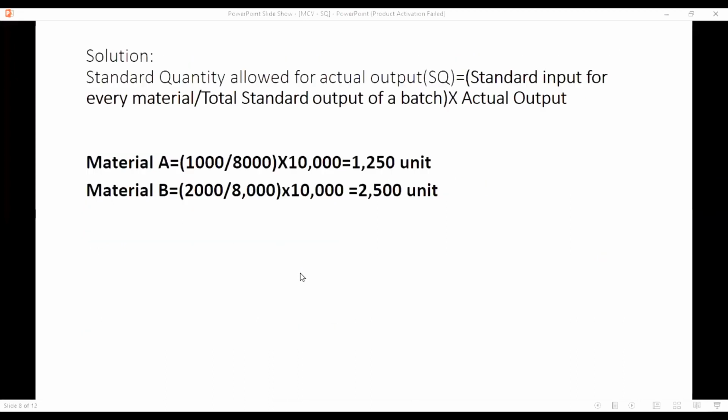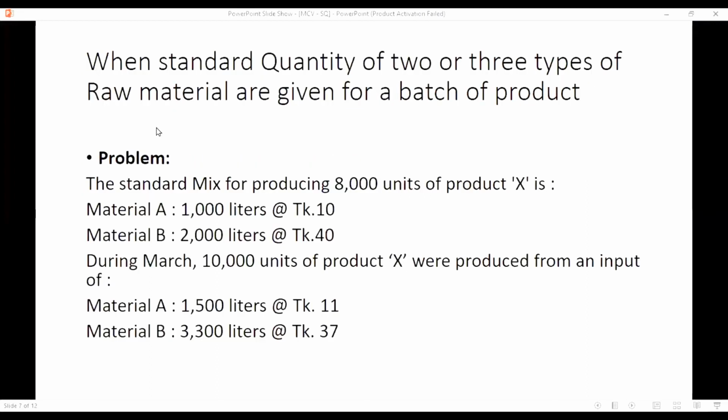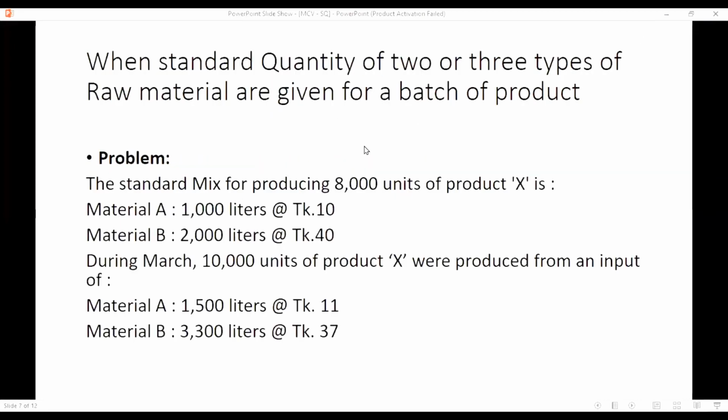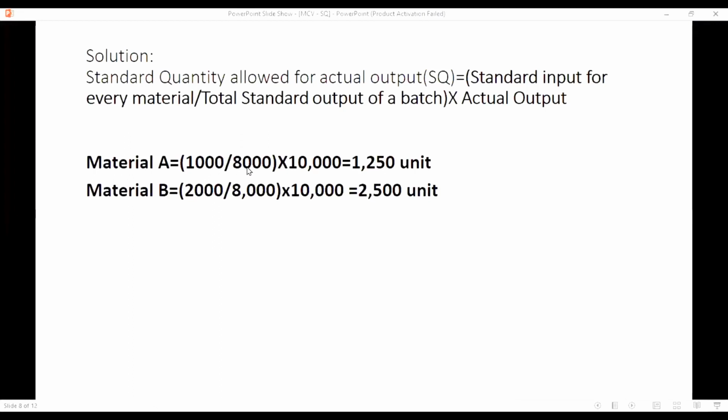The formula will be standard quantity allowed for actual output: standard input for every material, that is 1000 and 2000 for A and B respectively, and total standard output of a batch, that was 8000 units of product, produced from 1000 liters of A and 2000 liters of B. So standard input divided by standard output multiplied by actual output.